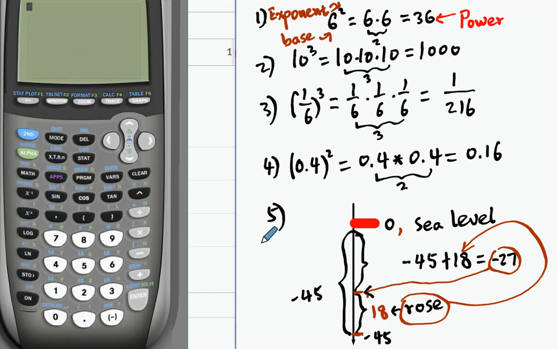Here is the calculator. You see 6 times 6, you have a 36. 36, you times another 6, it will give you 216. That's how we got the denominator.